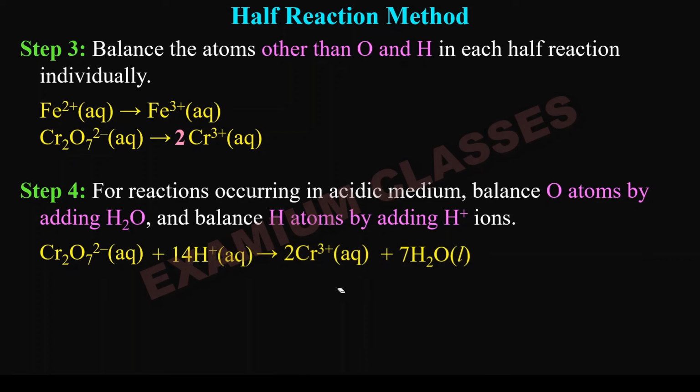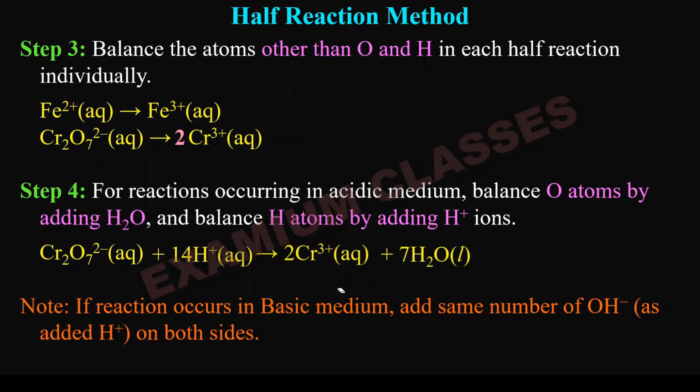Fourth step complete. But if the reaction occurs in basic medium, then what do we do? Remember, up to here it will be the same, but after that we will add as many OH minus ions on both sides as there are hydrogen ions. So if it were in basic medium, we would add 14 OH minus on the left hand side and 14 OH minus on the right hand side.